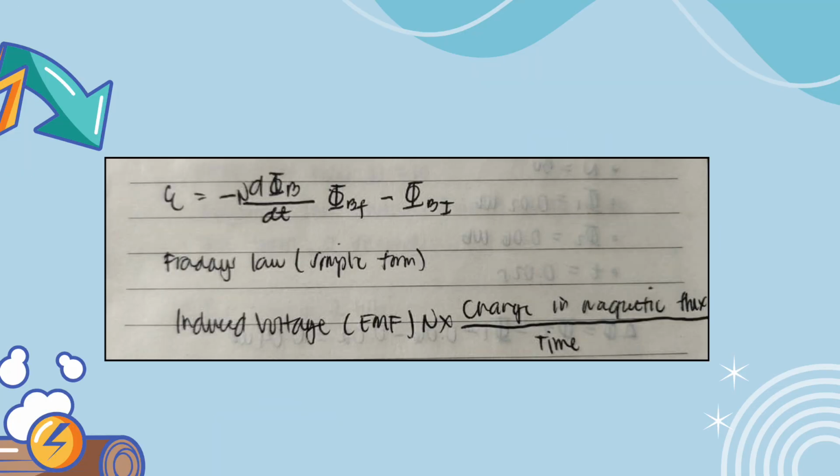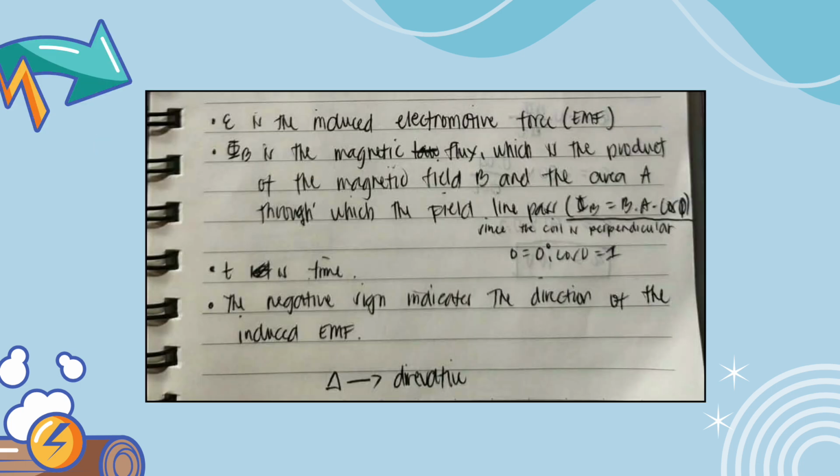And this is the formula of electromagnetic induction. The E is the induced electromotive force, or EMF. And next, Φ_B equals B times A cosine θ, where Φ_B is the magnetic flux, which is the product of the magnetic field B and the area A through which the field lines pass.